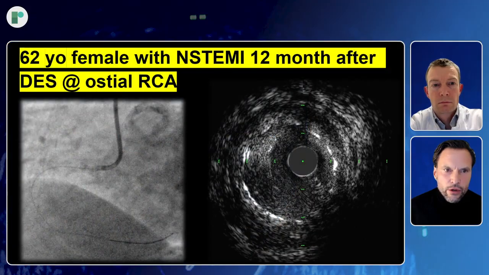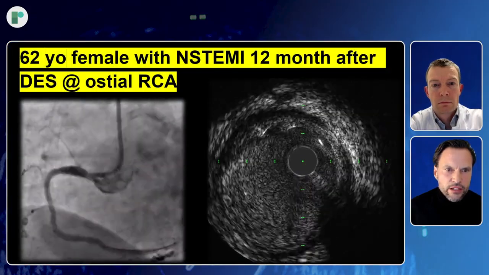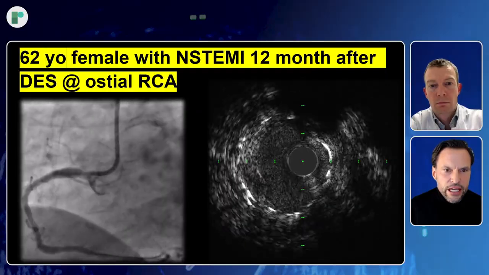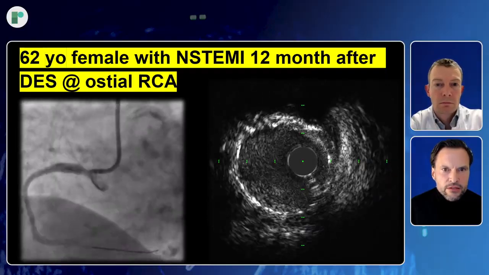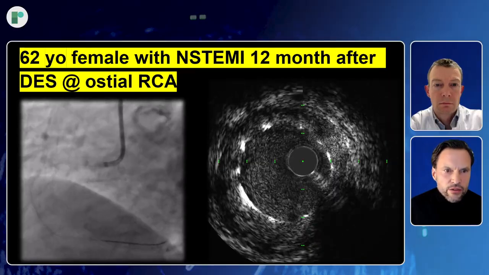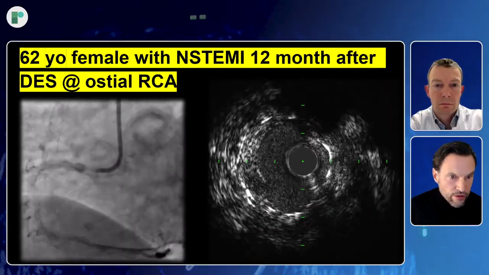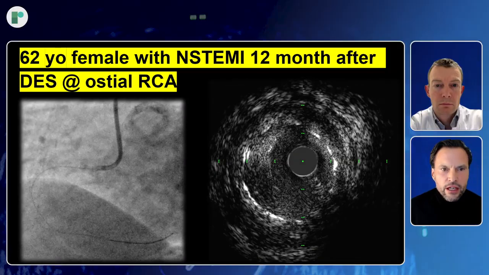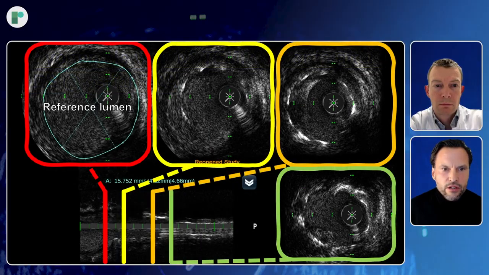And this is one more example of a patient pre-treated in the ostial RCA, who came to us with NSTEMI 12 months later. You see this angiogram, and there's an ostial stenosis, of course, and these are the images from intravascular imaging.